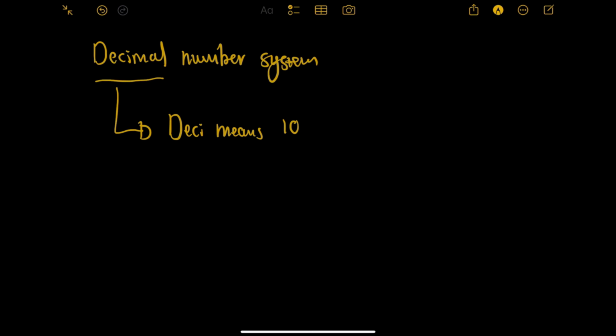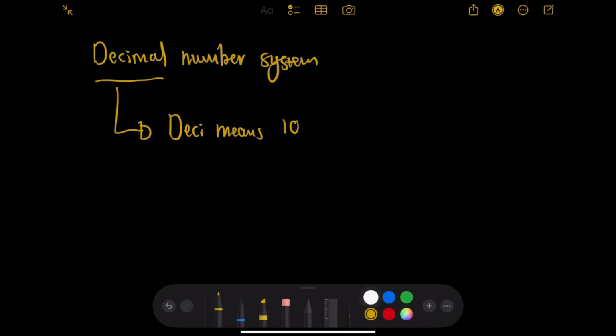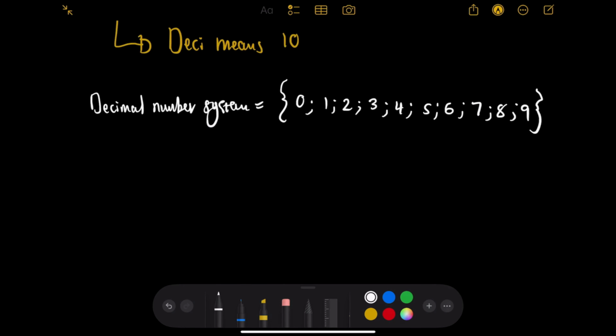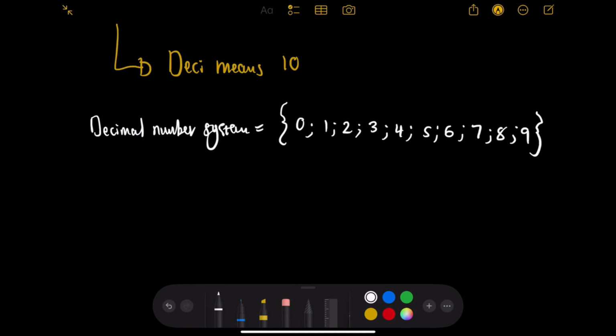And actually within this specific number system, it basically makes use of 10 digits, which is 0, 1, 2, 3, 4, 5, 6, 7, 8, and 9. And basically the combination or arrangement of these digits will formulate numbers.